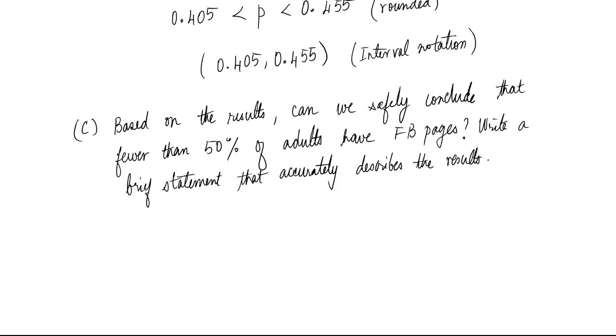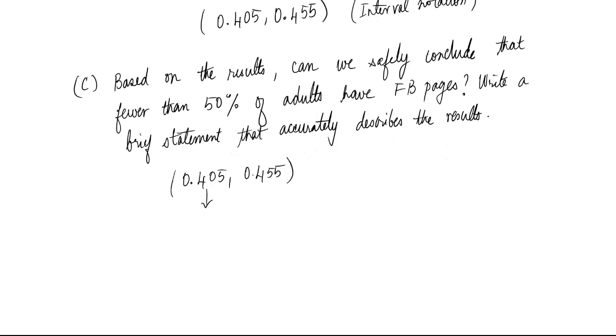So this interval, if you change it to percentages, we're reasoning out here. I'm not writing any statement yet. 0.405 to 0.455, if you round this to percentages, was 40.5% and 45.5%.